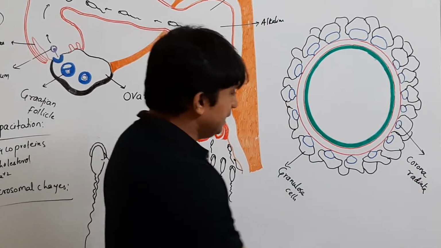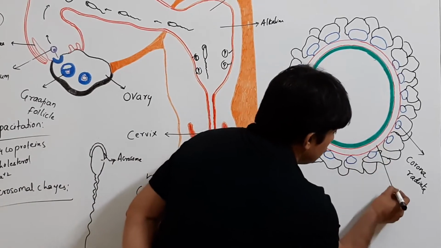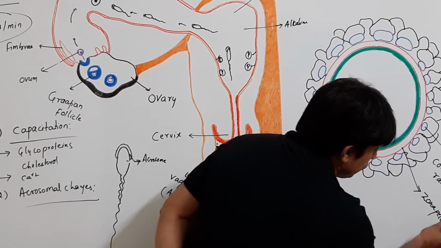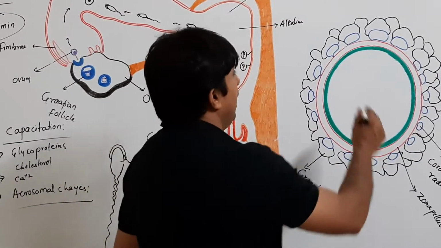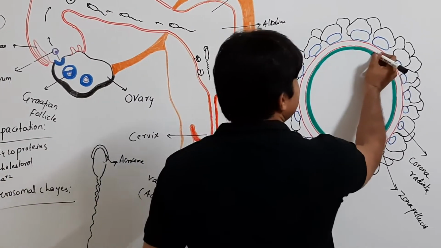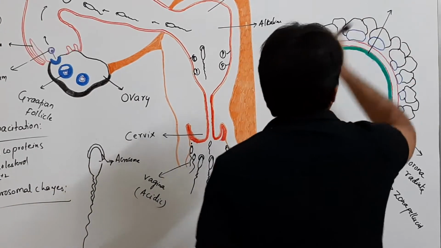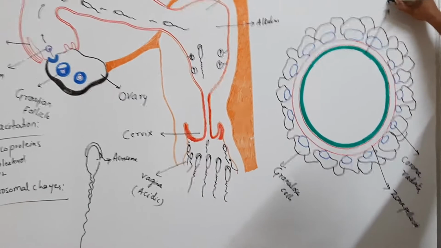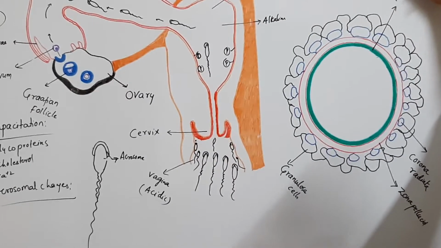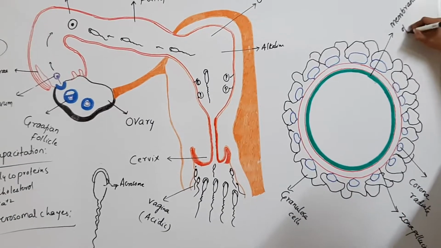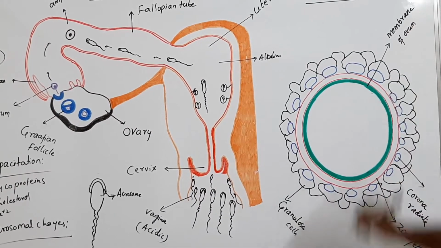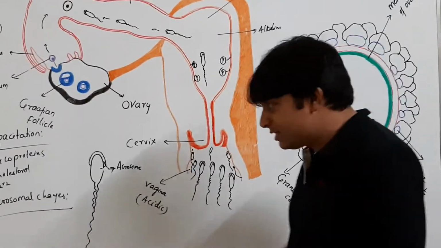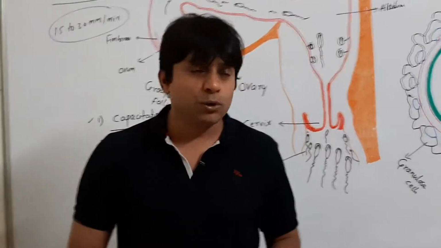Next, this is the layer called the zona pellucida. And this green layer that you can see is the membrane of the ovum. Clear?